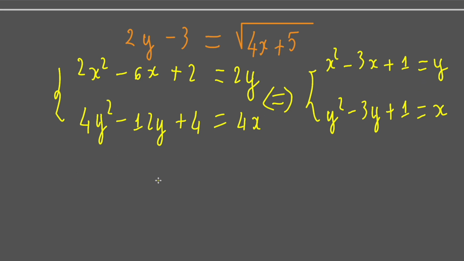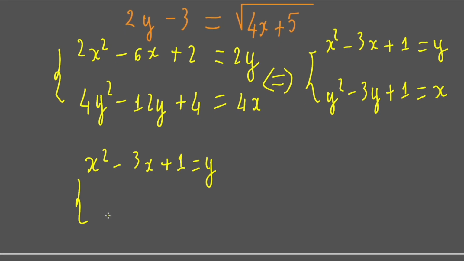We can easily subtract the first equation from the second, and we will have x minus y times x plus y minus 2 equal to 0.